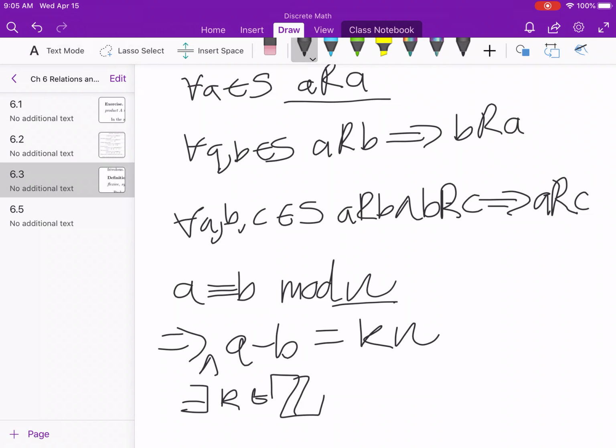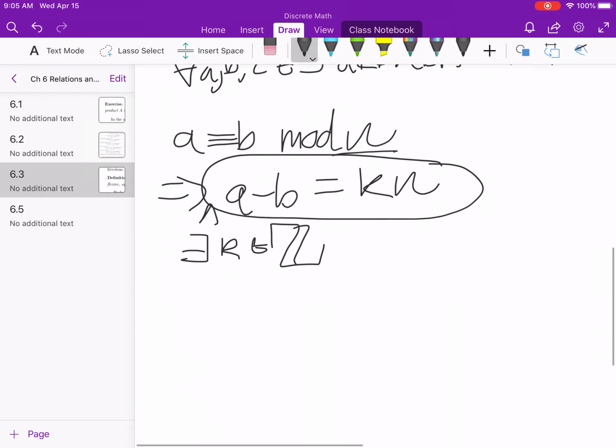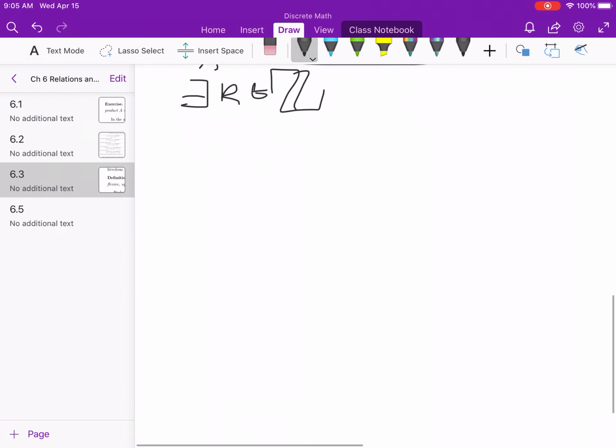So let's see if we can use this definition to our advantage to actually show that the congruence mod n is an equivalence relation.